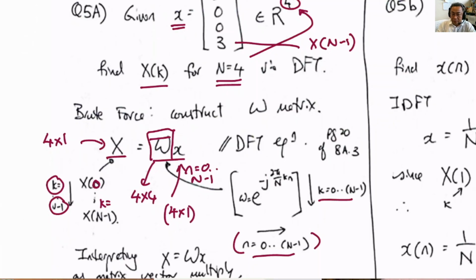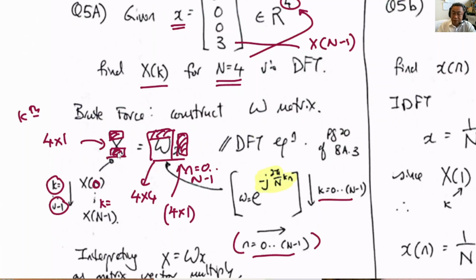Remember this, and you'll figure out that it is the rows of W operating on the x vector to produce one element of the capital X. The kth row of W, inner producting with the small x, will give you the corresponding kth element of capital X. That's the key idea.